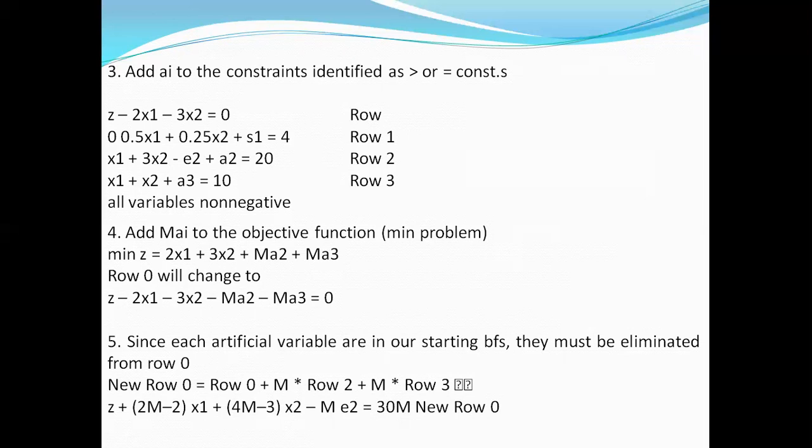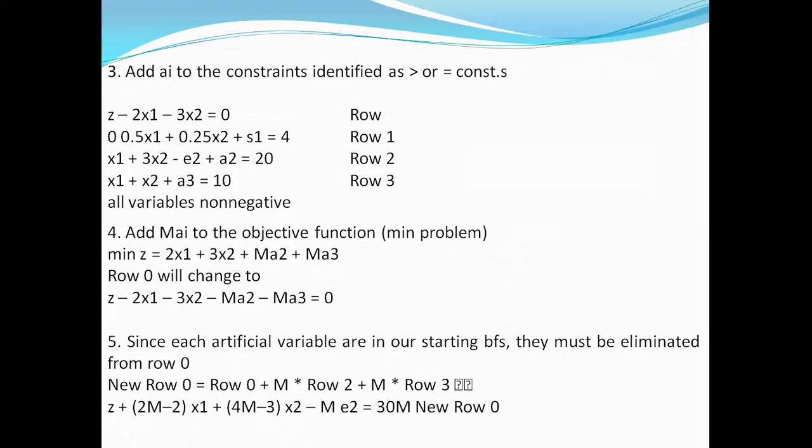Hence row 1 is also accepted for calculations. Upon increasing the constraints, that is x1 and x2, there are no negative values, because all the variables are non-negative. Hence, we can move towards the fourth step.